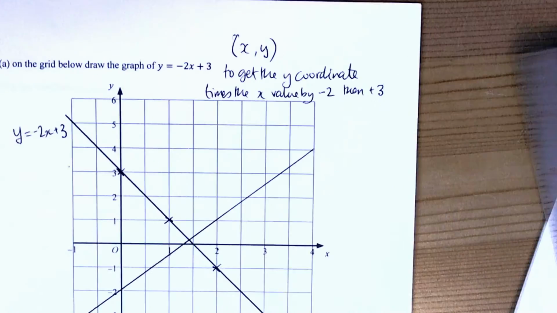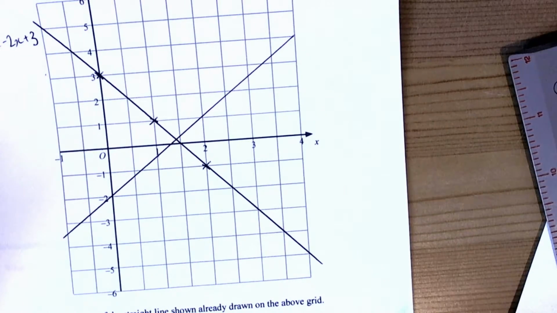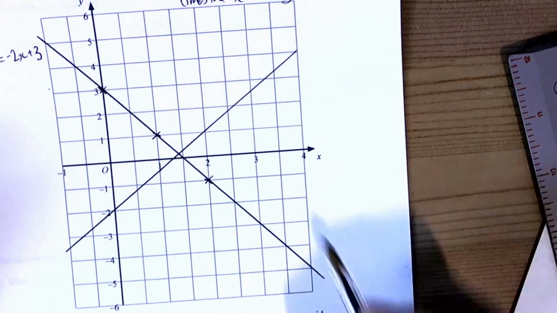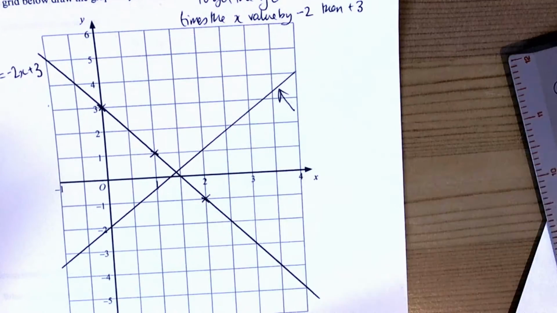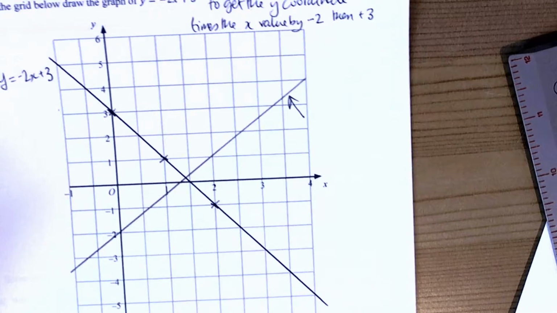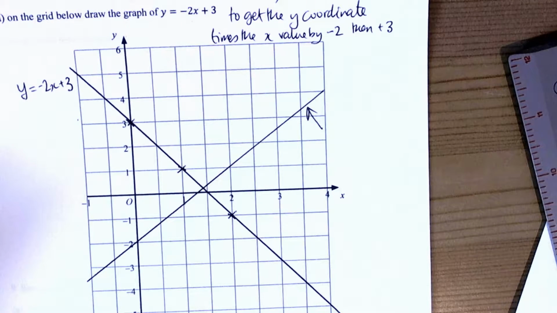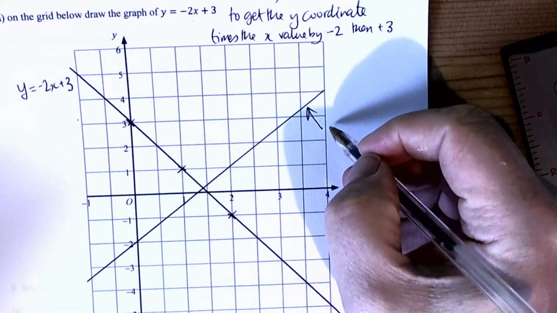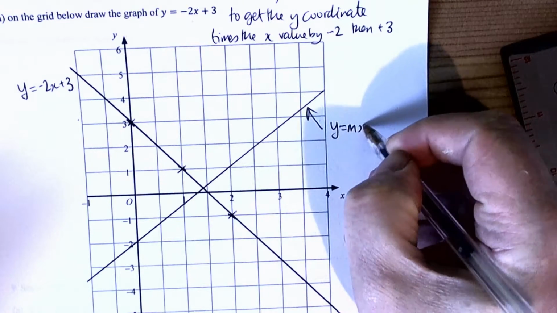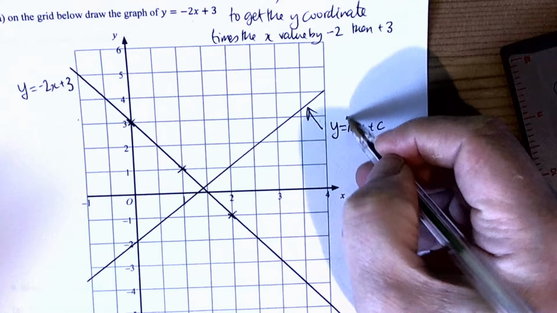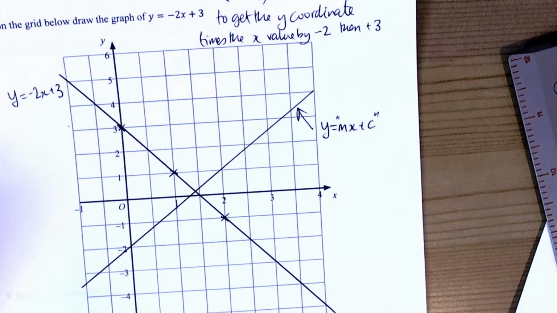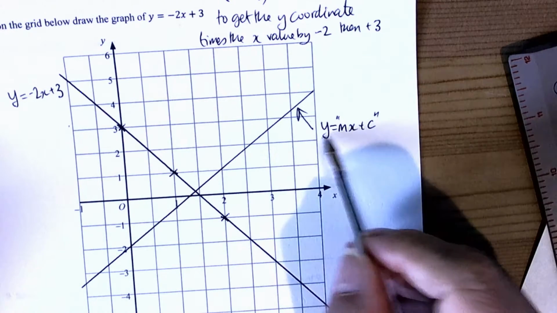Okay, so we've got a line drawn on, and we've been asked to work out the equation of that straight line. All straight lines have the format of y equals mx plus c in GCSE mathematics. Y and x obviously could be different variables.